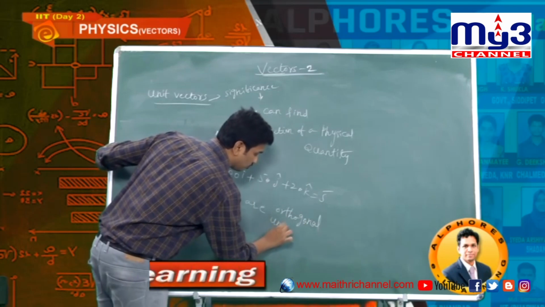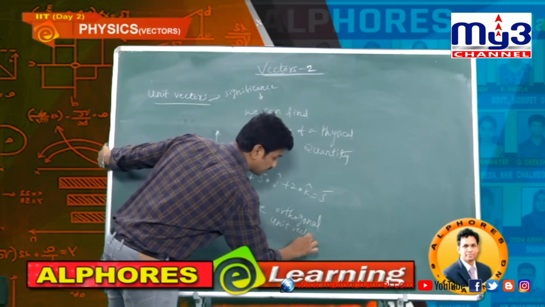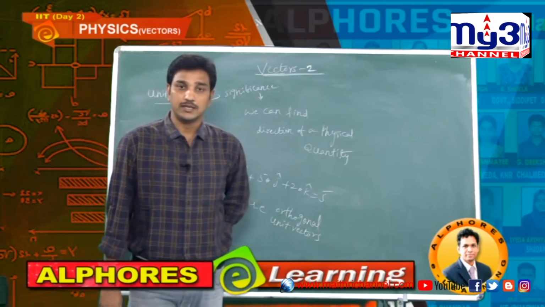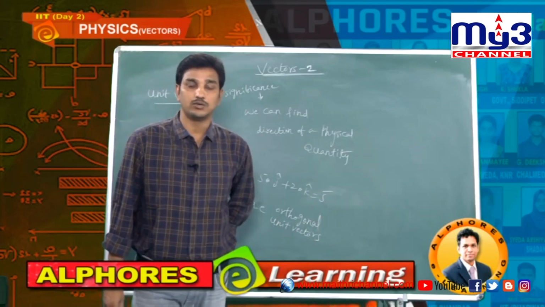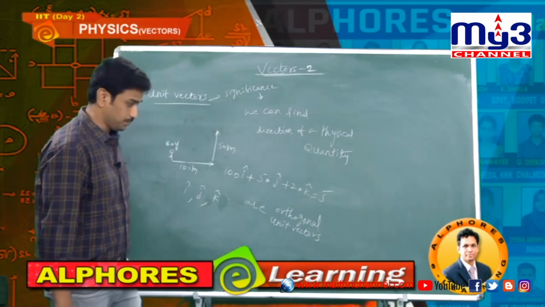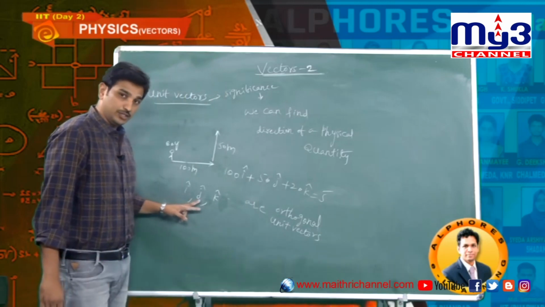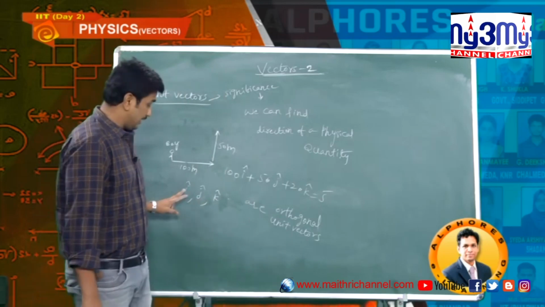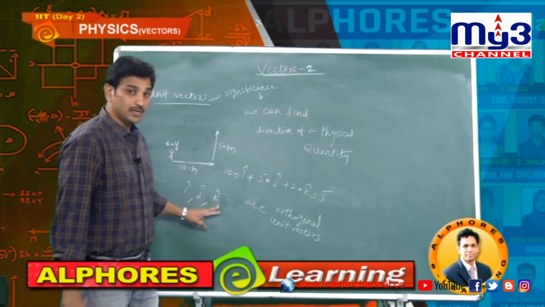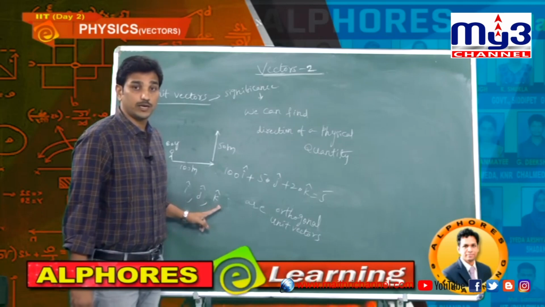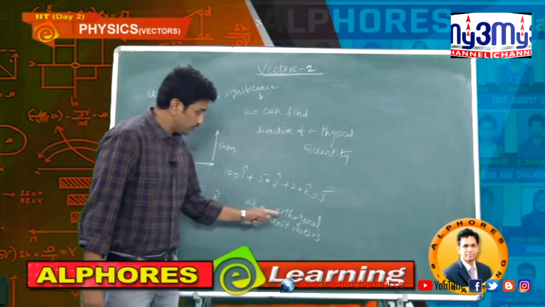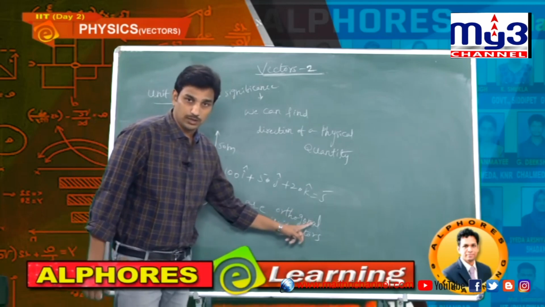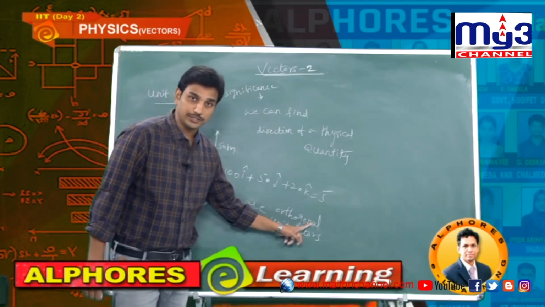Why? Because I, J, K, all three are perpendicular to each other. X axis, Y axis, Z axis are mutually perpendicular to each other. Due to that reason, the name is orthogonal. Orthogonal means perpendicular to each other.